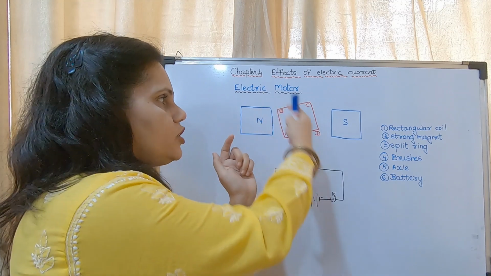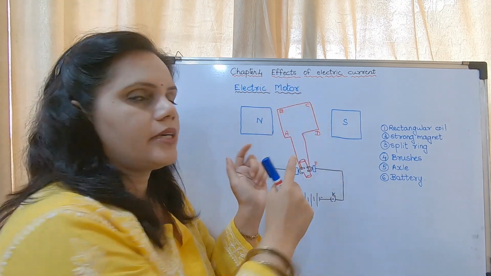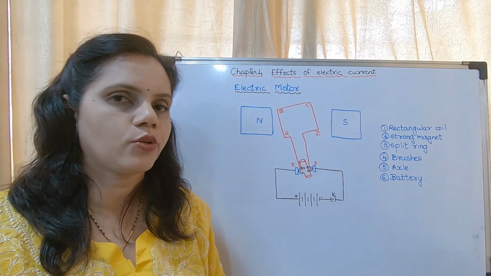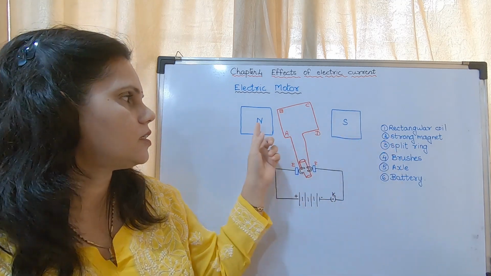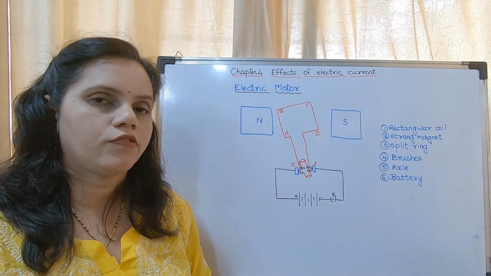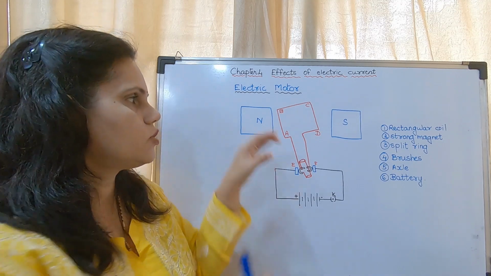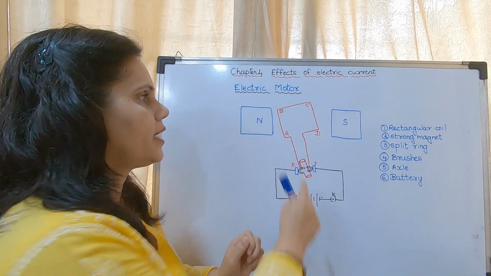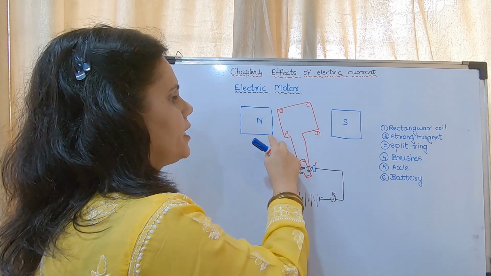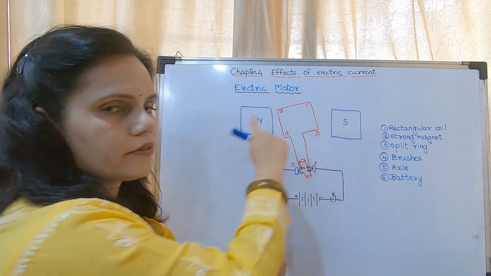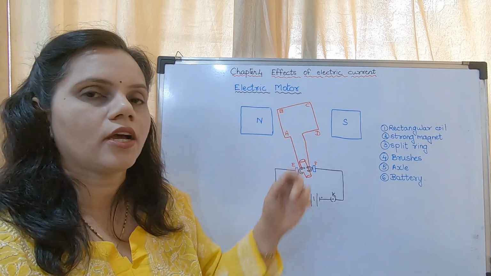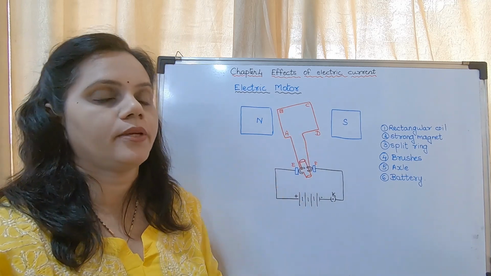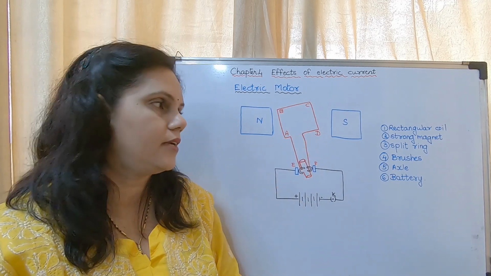It is actually wound, but it is shown in the form of a square. Now the two strong magnets, north and south, the two poles of a magnet, are attracting each other. That means there are magnetic lines of force, a force of attraction between those two magnets, and the rectangular coil is kept in between that magnetic field.